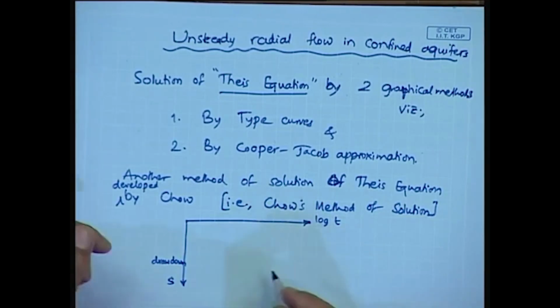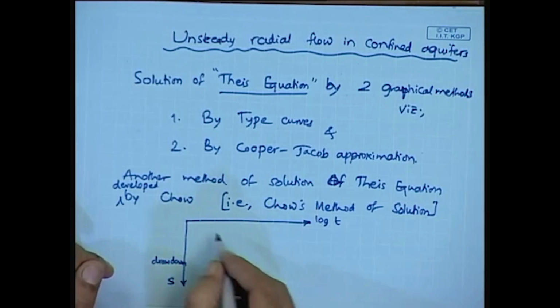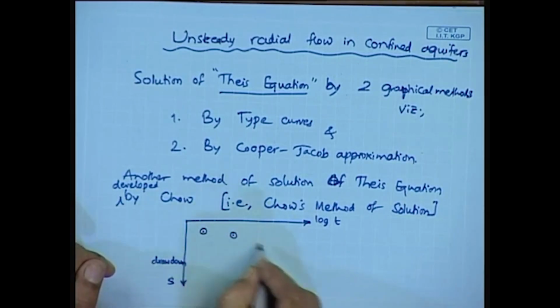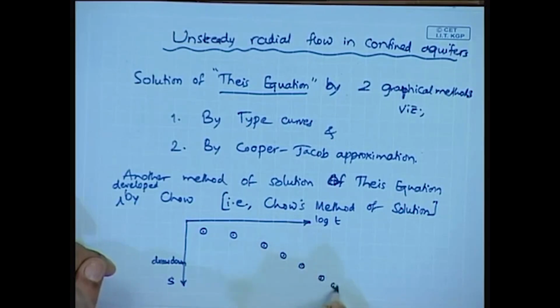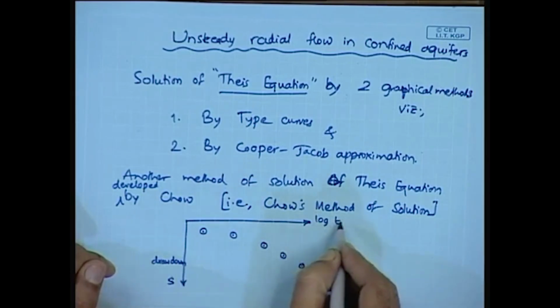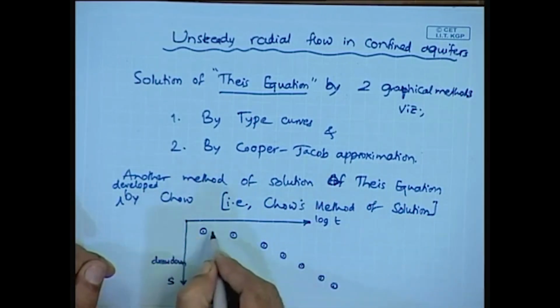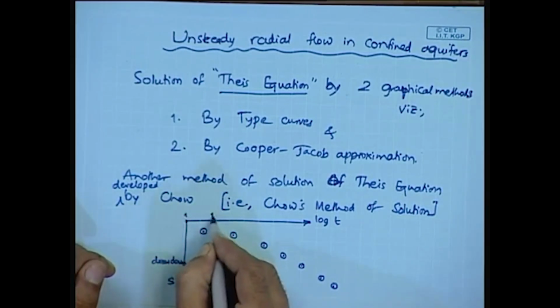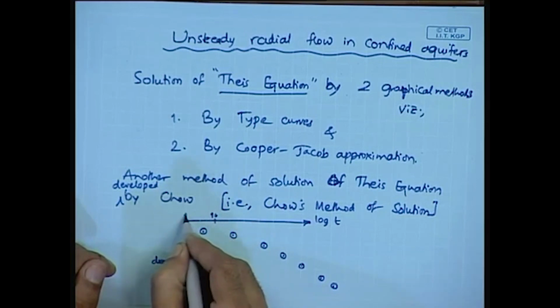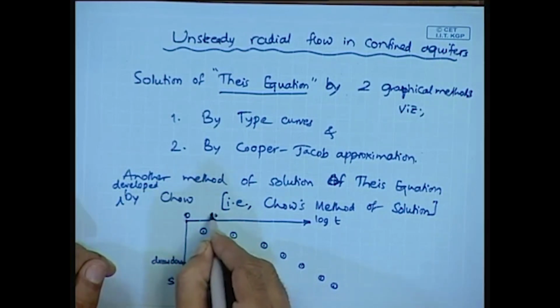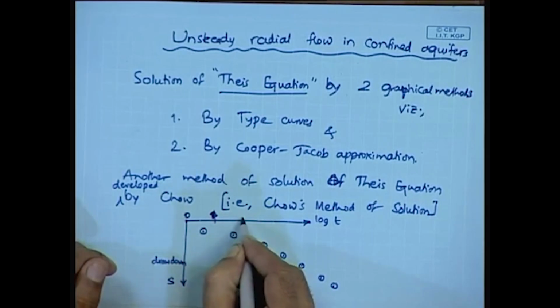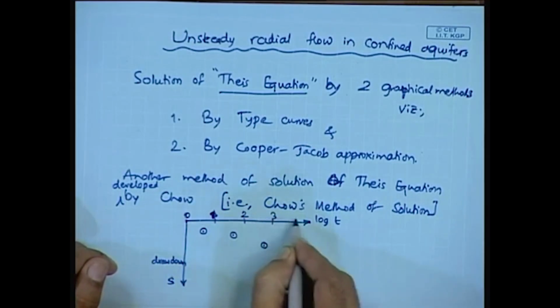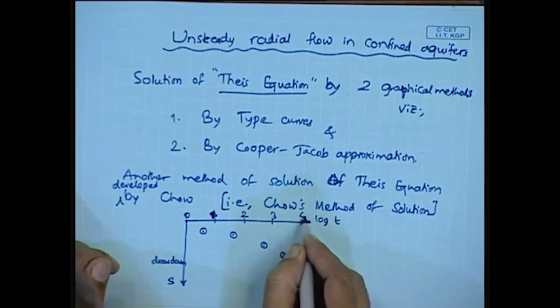Suppose these are the points we are getting. This is the log t axis, and here this is 0, this is 1, this is 2, 3 and 4 and so on.